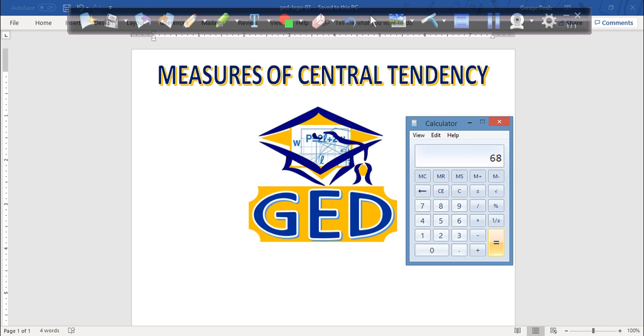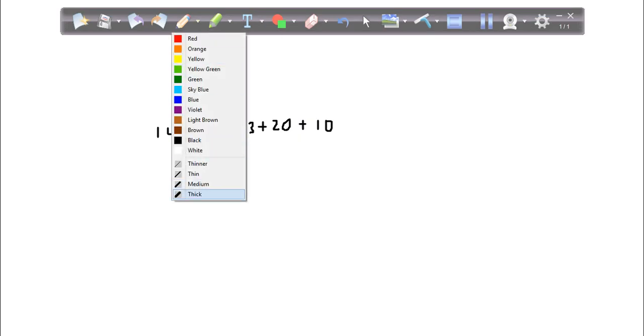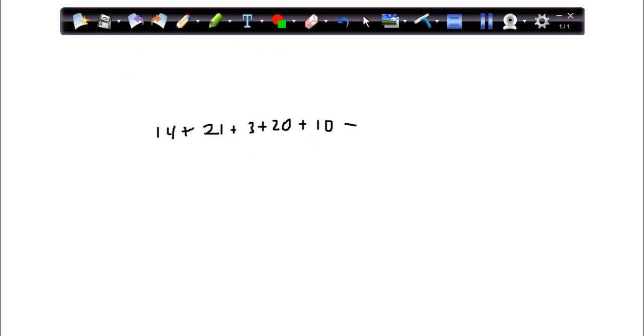So 14, 21, 3, 20, 10. How many numbers are there? 5. So then you're going to punch in 68 divided by 5. And the slash on this calculator, the divided by, 5 equals 13.6. So we know that's 68. I'm just writing it in here. 68. And we've already divided in the calculator.